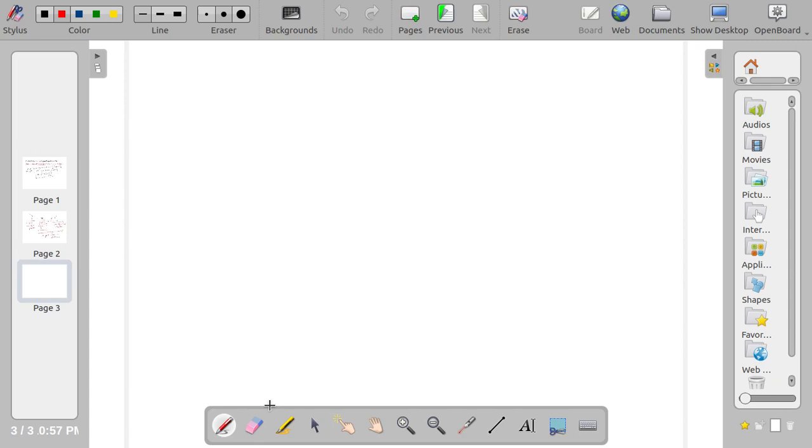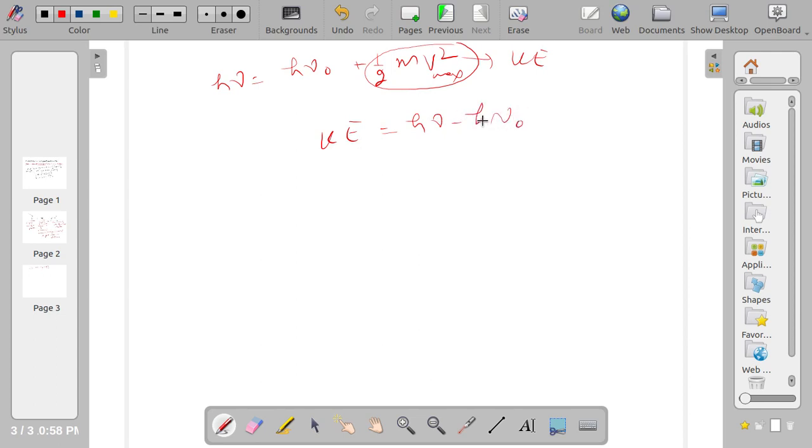Then if we look at the equation again, it can be written as h nu is equal to, if I replace work function with h nu naught, plus half m v square, which is the maximum kinetic energy. So I can express this as simply KE: the kinetic energy of the electron is h nu minus h nu naught.